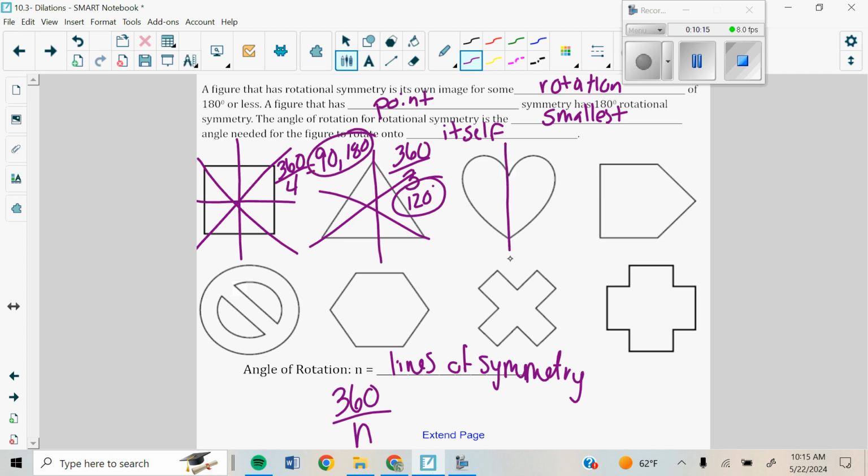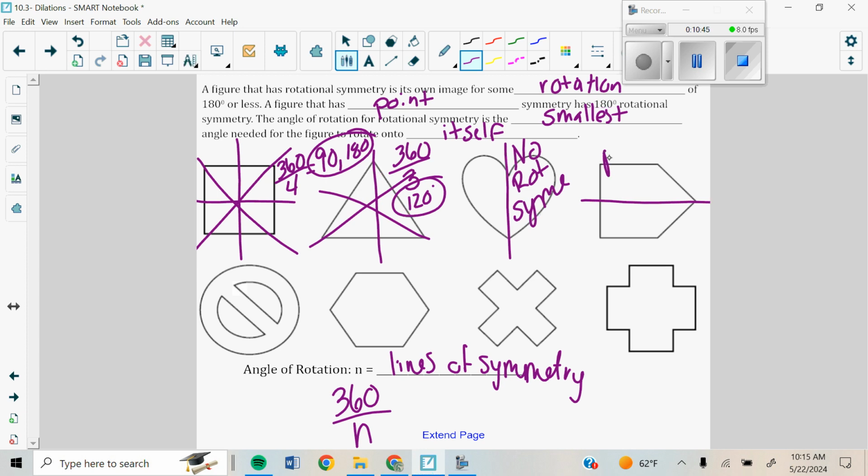All right, so a heart has 1 line of symmetry. This does not have rotational symmetry, though. I can't take that left half of the heart and rotate it to make the right half of that heart. So this one has no rotational symmetry. If we look here, again, we have 1 line, but I can't take that top half and rotate it to give me my bottom half.